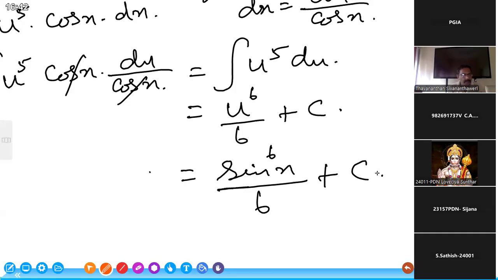Any questions on this? I'll give you a couple of minutes to ask any questions. We haven't completed the integration. This will be continued next week also. Any questions?